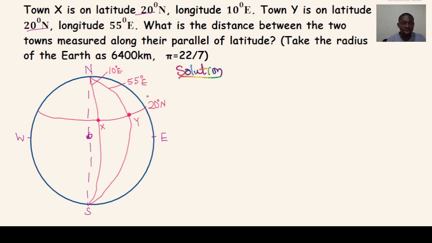Now that that is done, remember, if we are to complete the circle for this small circle, this latitude, the center of it is going to be somewhere here. So we can say the radius of that will be this, and at the same time to this, which is a small radius, small r, because it's on the parallel of latitude on a small circle.